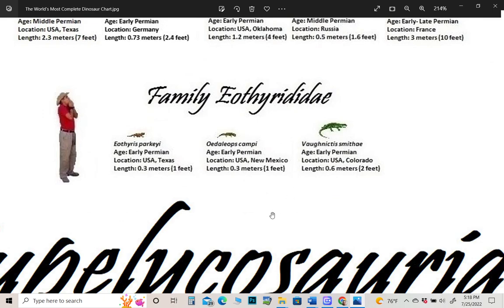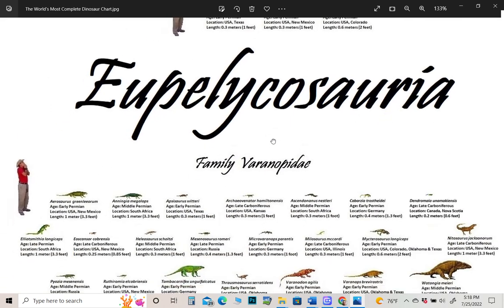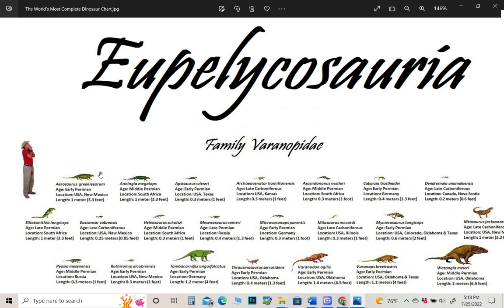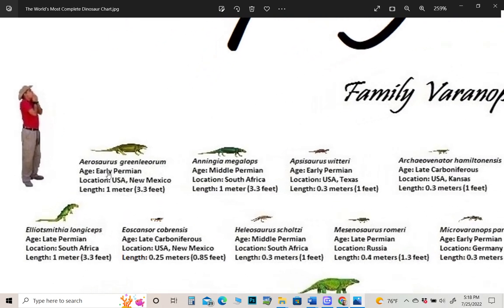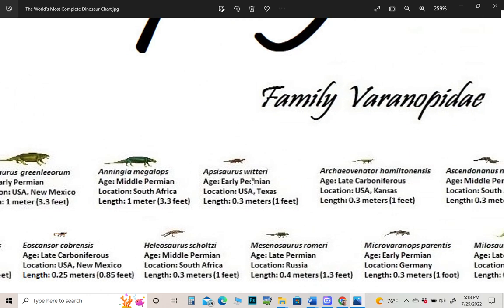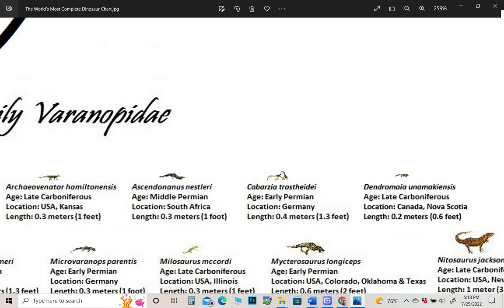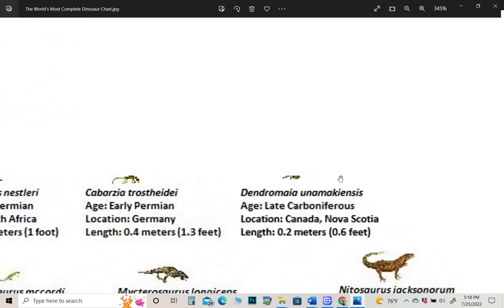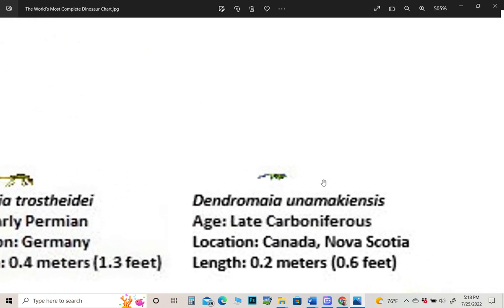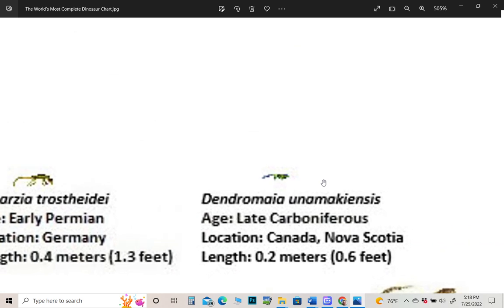And then the Eothyridids: Eothyris, Oedaleops, Vaughnictis. And then the true Pelycosaurs or Eupelycosaurs, starting with the Varanopids. Aerosaurus, Anningia, Apsisaurus, Archaeovenator, Ascendonanus, Cabarzia trostheidensis, which is the oldest animal on this chart. It is the very first synapsid ever discovered, and its name means tree mother, basically because it was found on a tree stump and it was discovered with an infant next to it, displaying parenting behavior.